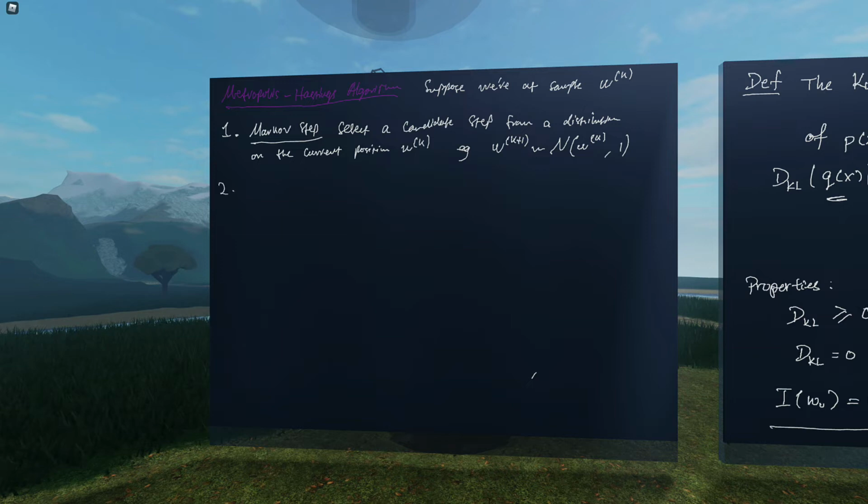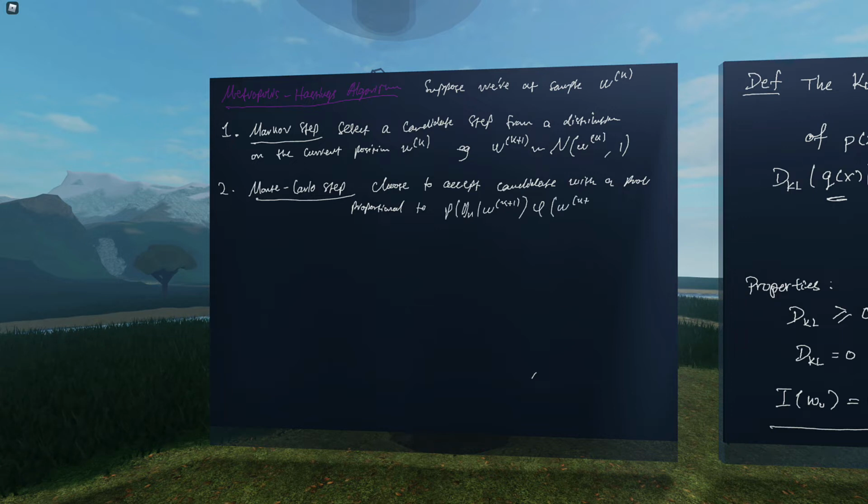The second step in the algorithm is the Monte Carlo step. We choose to accept the candidate sample with a probability proportional to the model evaluated at the new candidate times the prior evaluated at the new candidate.